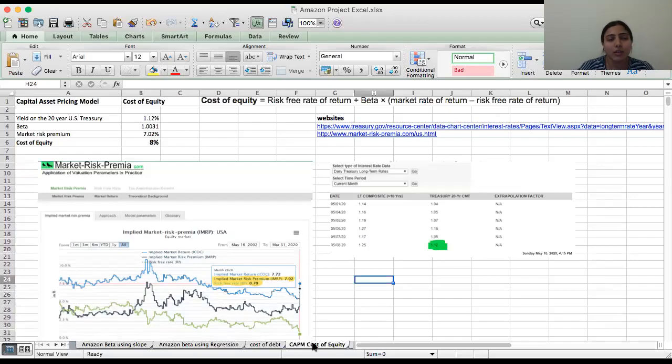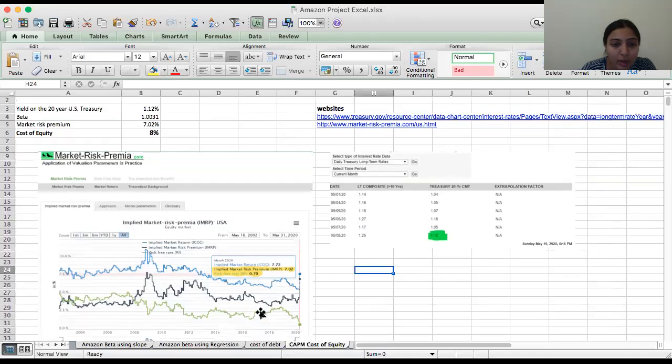As we all know, this is the standard formula: risk-free rate plus beta multiplied by the market risk premium. So here we have to find the market risk premium. I found the market risk premium for March 2020, 7.02.